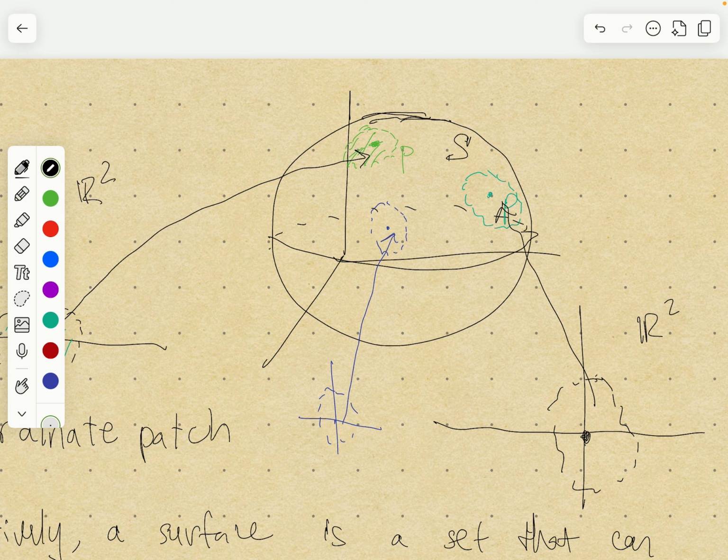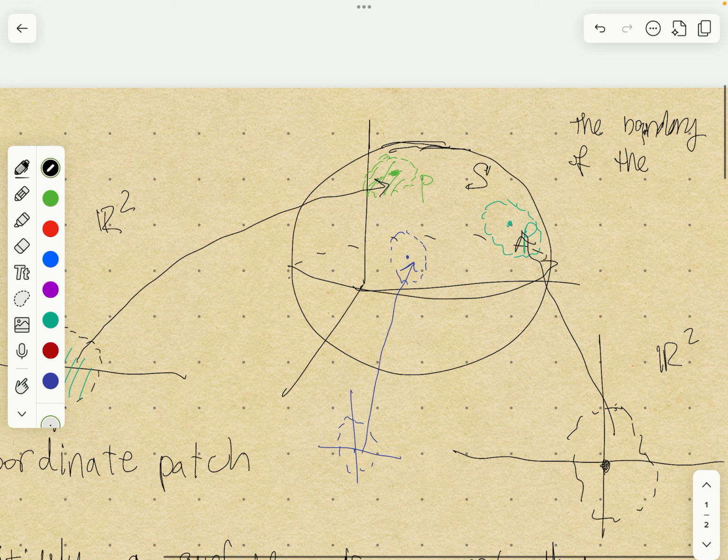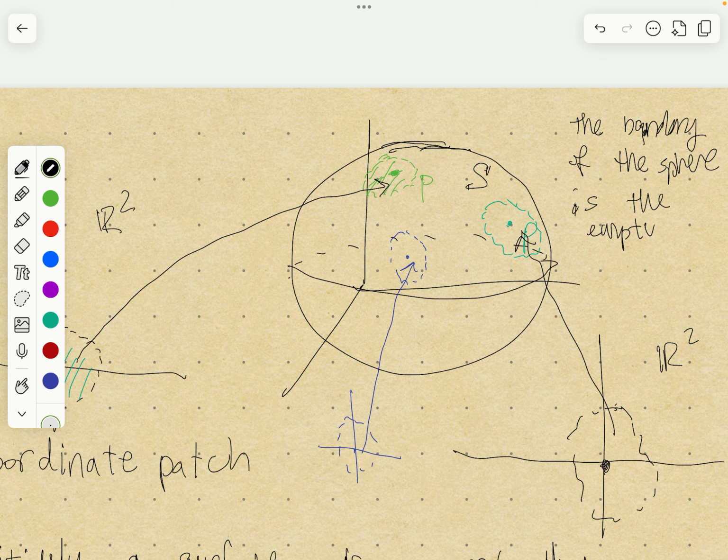Or more specifically, the boundary of this sphere is the empty set. So this is an example of a surface without a boundary.